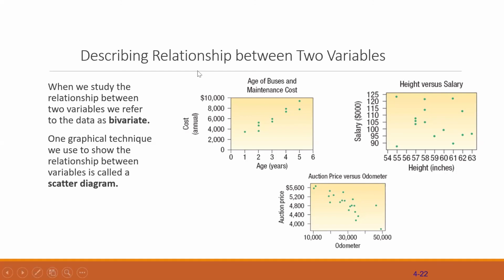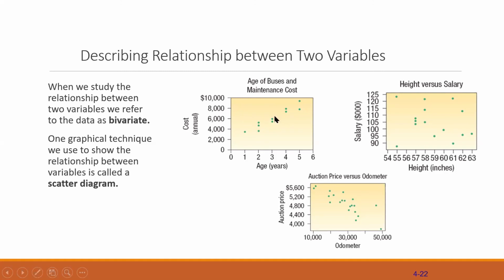If you look at the first example, it's the age of buses versus maintenance cost. By intuition, we know the higher the age, the higher the cost, because the older the bus, the more maintenance cost it will have, right? And we expect a positive relationship, which is showing in the graph here.